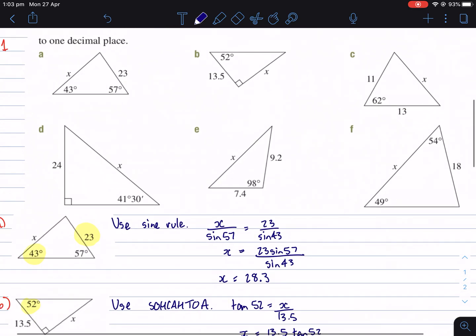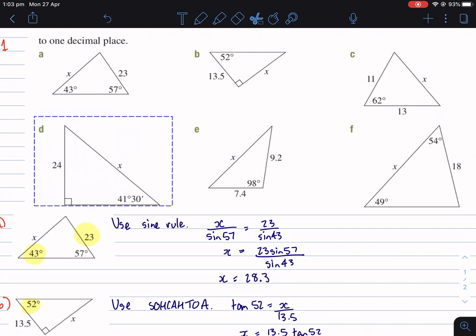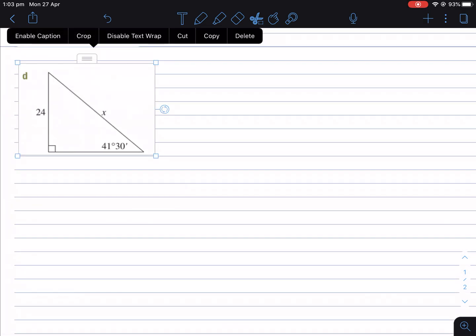All right. Question D, you can very clearly see already that it is a right angle triangle and that it has an angle. So we're going to use SOHCAHTOA. So we've got an angle, we've got the opposite, we've got the hypotenuse.